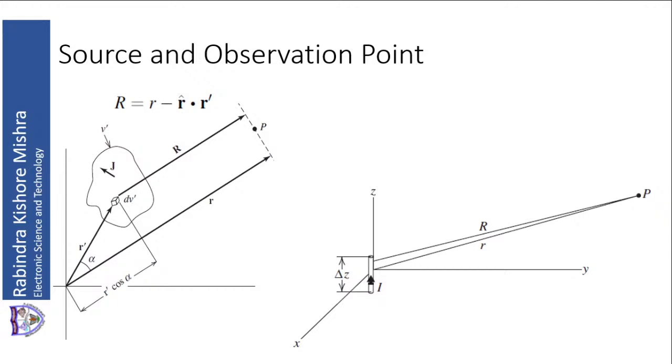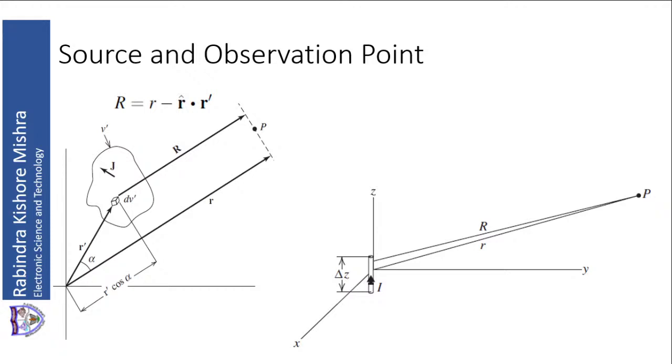Because r dash and the perpendicular from the dV dash volume onto r form a right angle triangle, and the angle connected to the base is alpha.